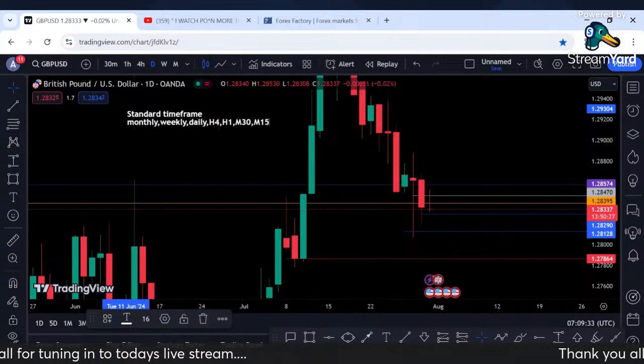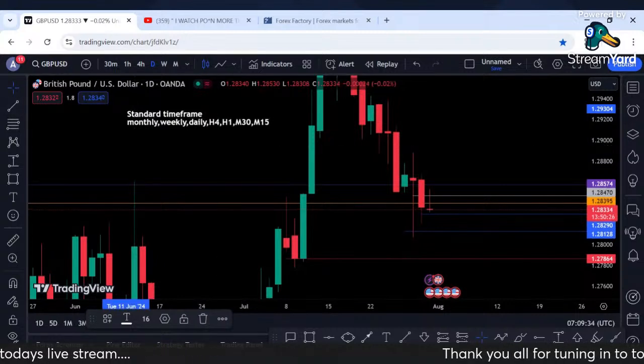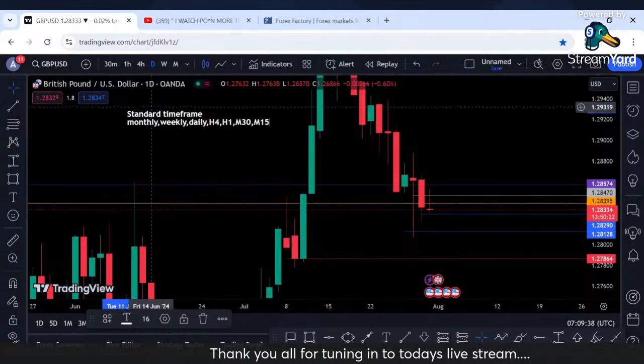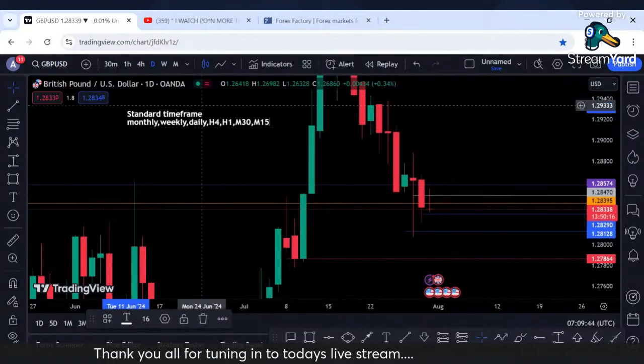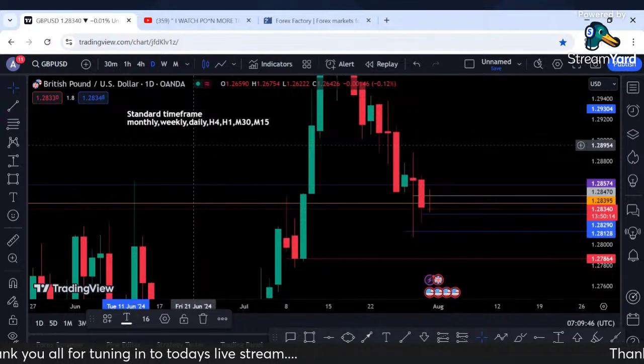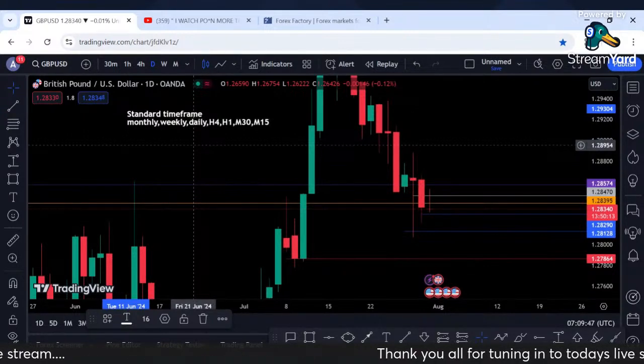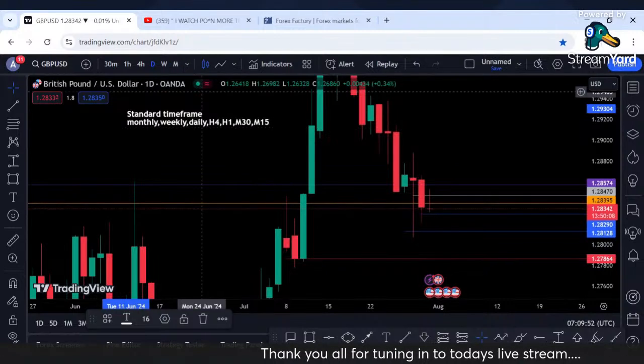So these are the various time frames. If you are putting yours on favorite, these are the time frames that you have to consider when you are setting up your charts.